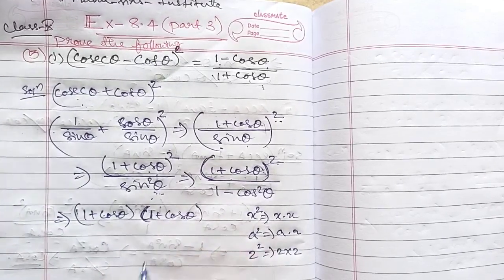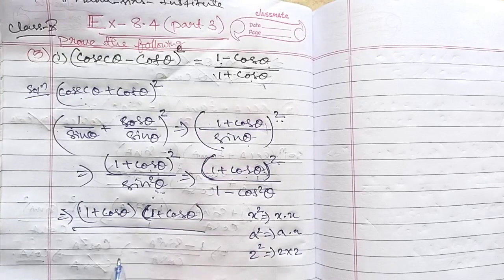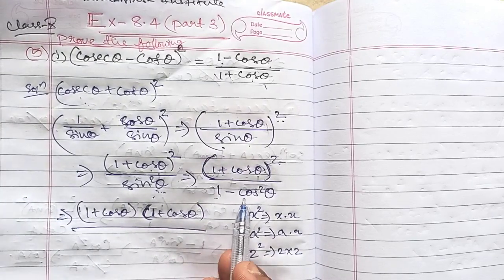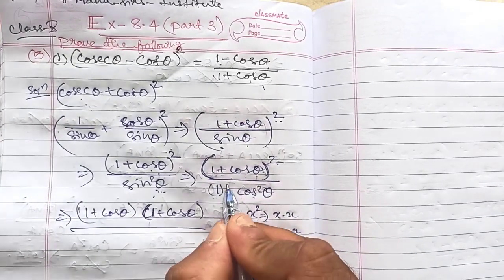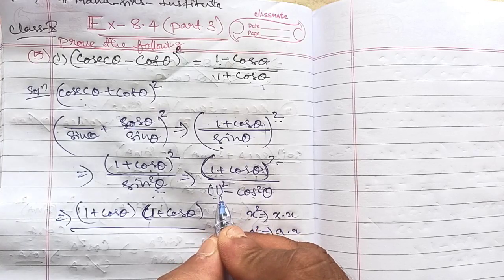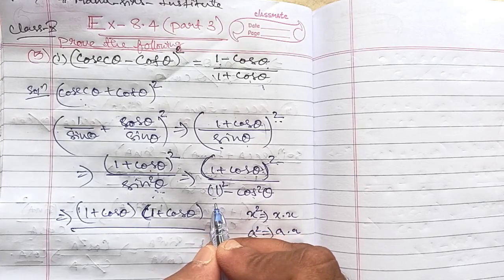Now what about this 1 minus cos square theta? If I give a square to this, it is the same, no problem, because 1 square is 1 only.